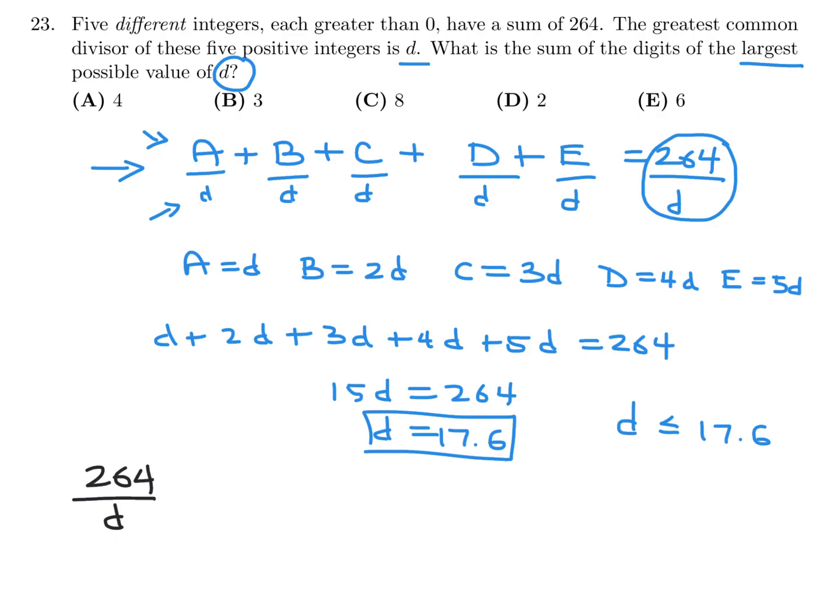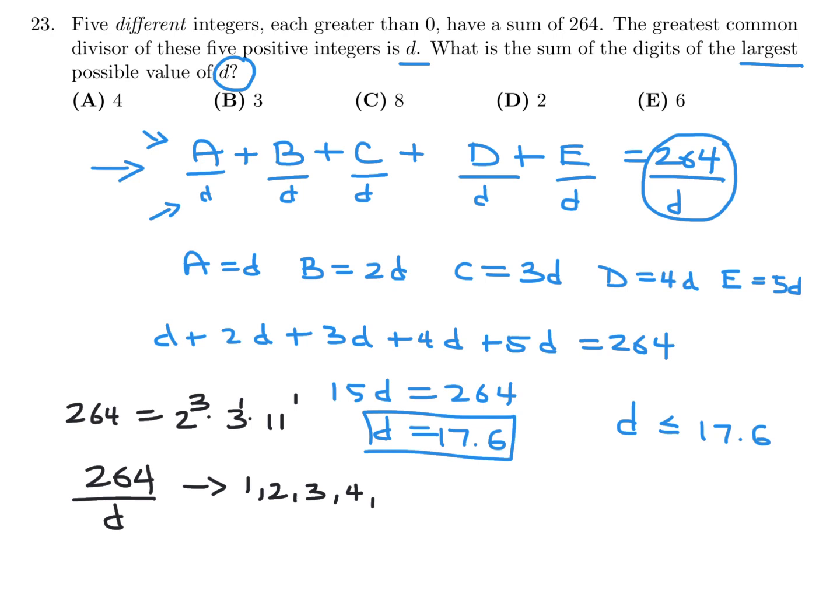So therefore, let's talk about what 264 is in terms of its divisors, right? 1, 2, 3, 4. Well, what is 264? 264 is 2 to the power of 3 times 3 times 11, right? So is it 8 times 33? I think so.